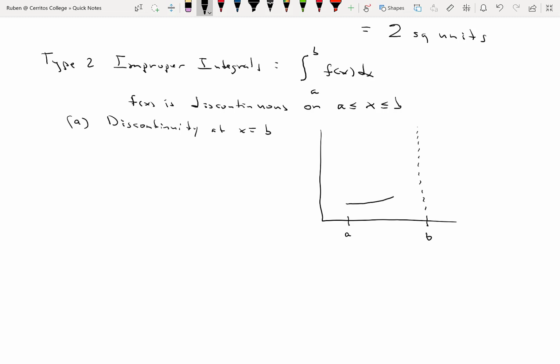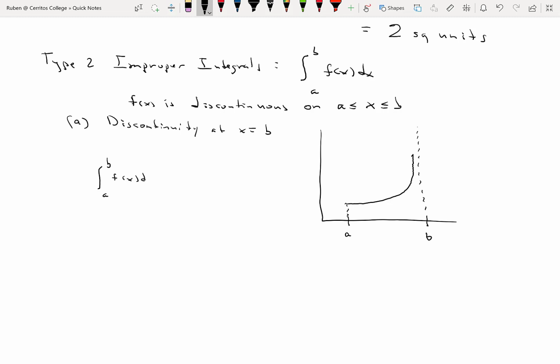Although the function need not approach infinity, let's just have it approach infinity just to look at the most extreme thing that happens here. So if we want to find the integral from a to b of this particular function, what we do is what we did in our previous example.